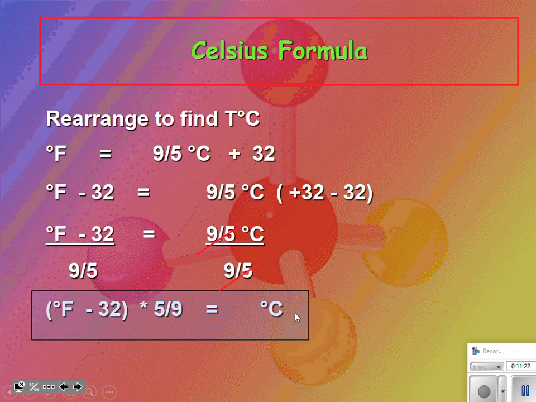Now, the thing about this conversion, and where people go wrong with it, is they don't follow the order of operations. I was always taught "please excuse my dear Aunt Sally": parentheses, exponents, multiplication, division, addition, subtraction.